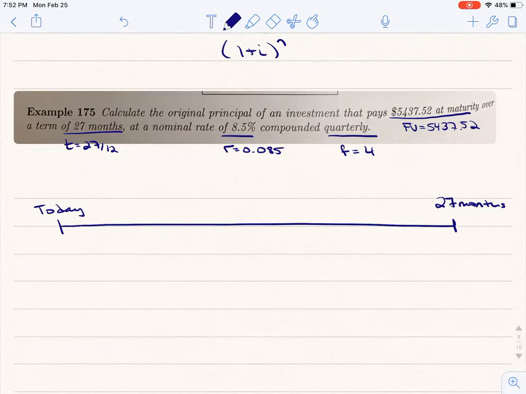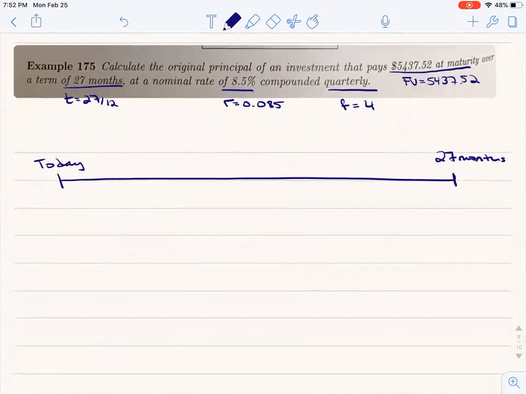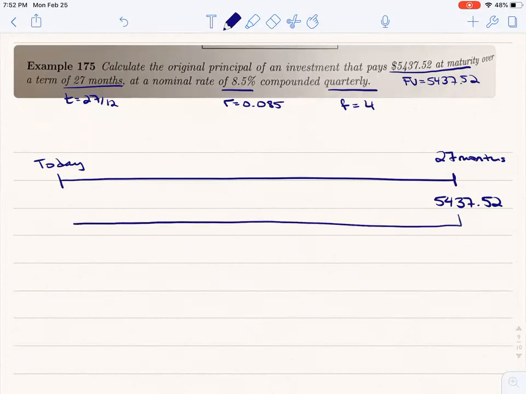I'm just choosing to say from today to 27 months from now. We're told that the future value at 27 months is 5,437.52. So this is going to map back to some present value.